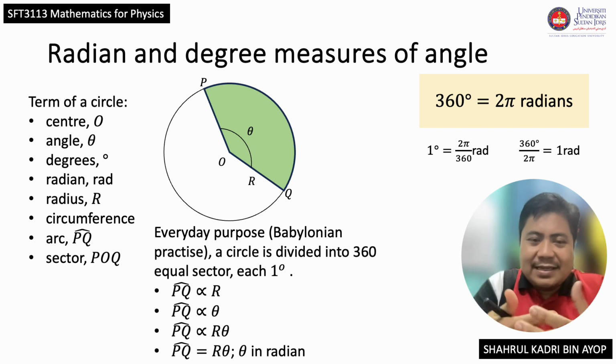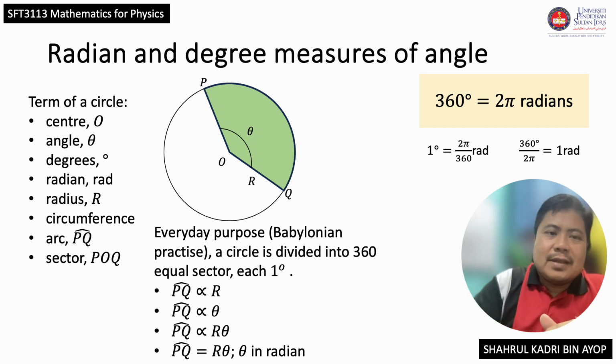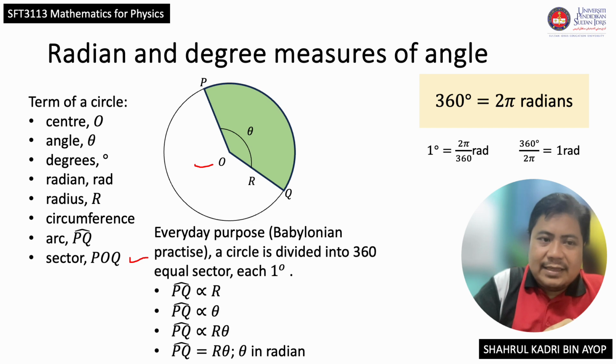Okay, let us recall again about the circle. So this is a circle. It has center O, and this is an angle measured in the sector POQ. This is POQ, the sector, and the angle is theta.